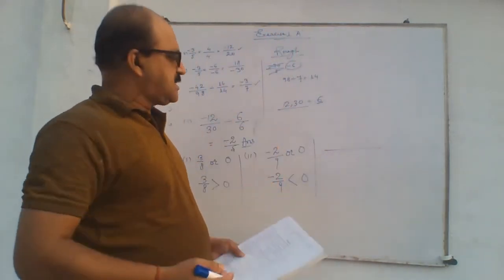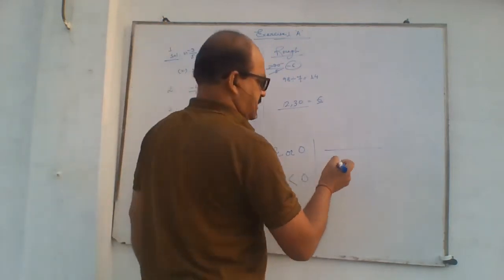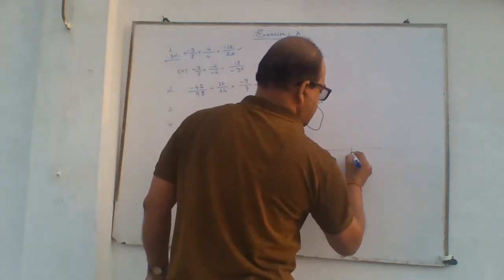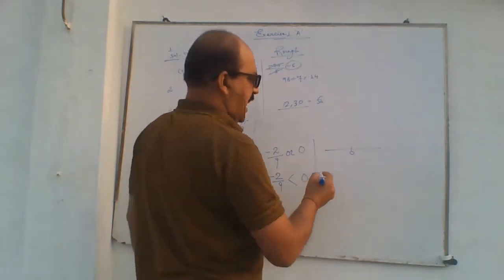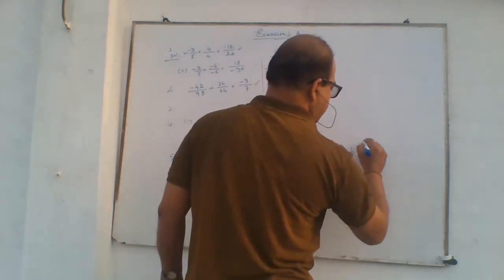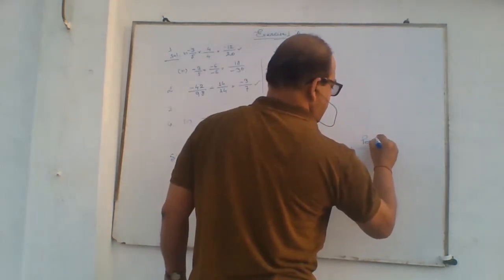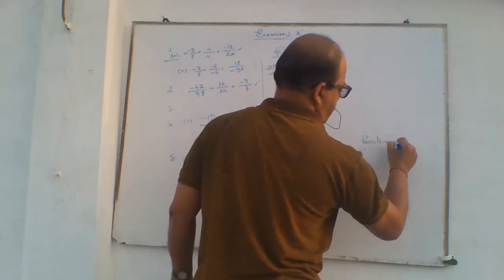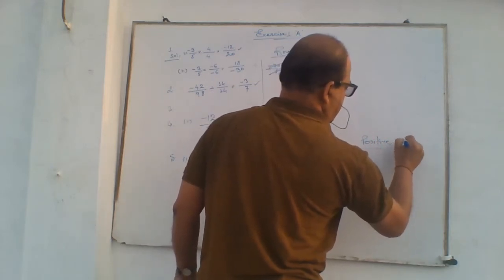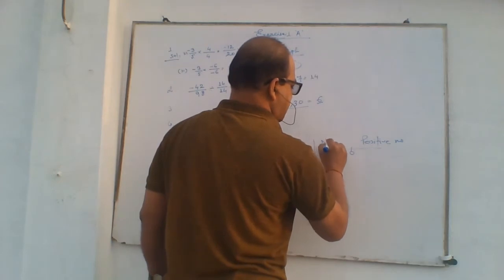The next exercise is the number line, but we have to know the place of 0. Here are the positive rational numbers, and here the negative numbers.